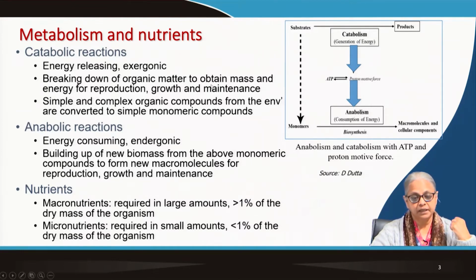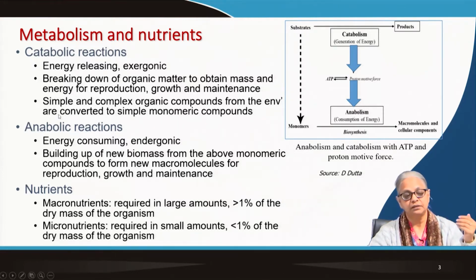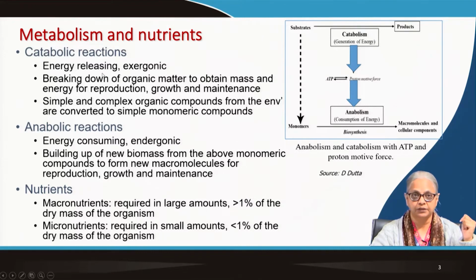Like I said, breaking down is necessary to obtain mass and energy for reproduction, growth, and maintenance, and anabolic reactions are used for building new biomass from the monomeric units that were generated in the catabolic reactions. So these are the two together. Metabolism is the combination of catabolic reactions and anabolic reactions.